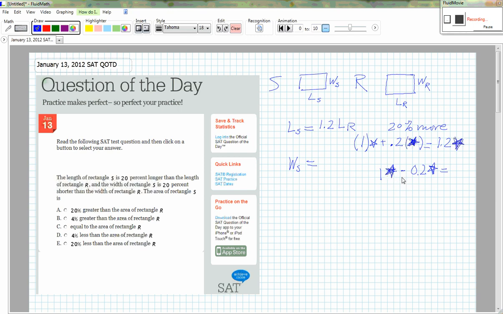So 1 times star minus 0.2 times star is 0.8 times that star. So now what you've got is the width of rectangle S is 20% shorter, so 0.8 times the width of rectangle R.